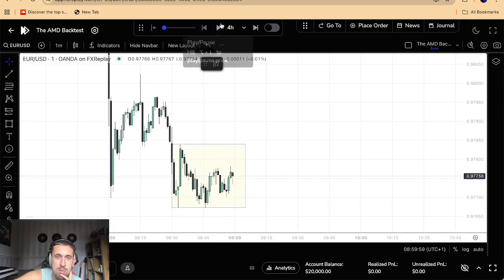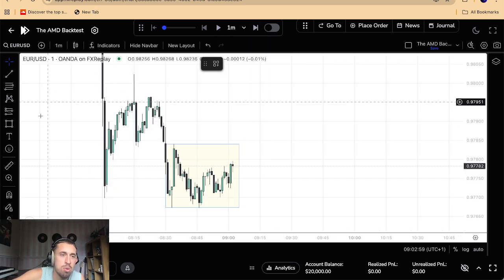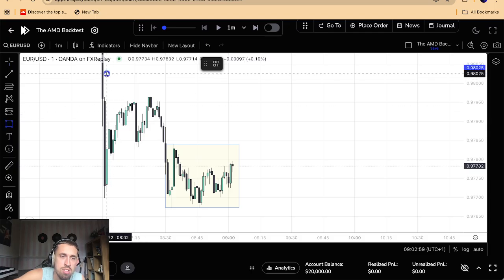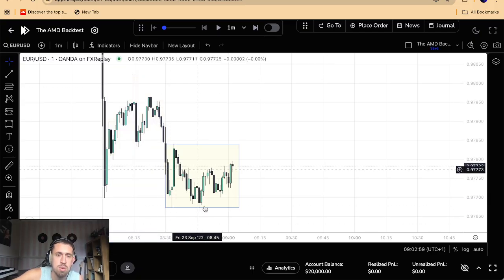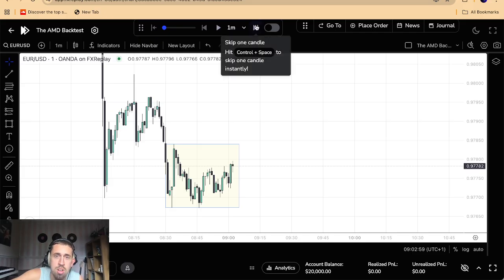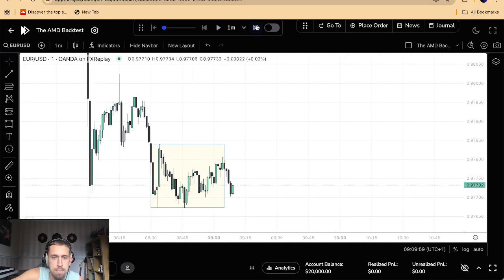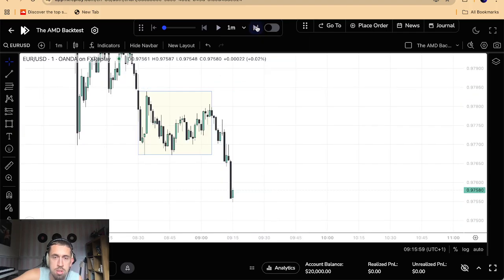Wouldn't really take it if we manipulated above it, but we'll see. The reason I don't like this one is because we haven't put in highs and lows inside of that range. So we've made a range, but we haven't put in highs and lows. Whereas this one, we made a range, and we've put in highs and lows. So if we can go below that and then come back up, this would be quite nice.